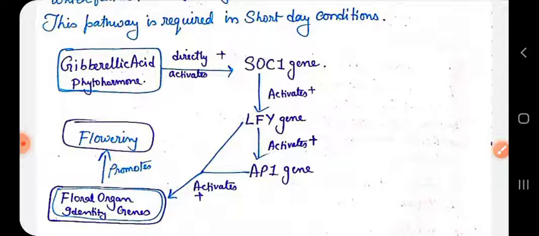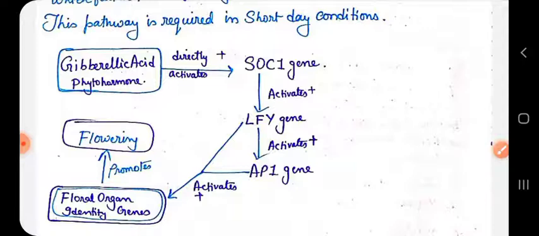Well, gibberellic acid is also called a phytohormone. It is a plant hormone which regulates your stem elongation, germination, dormancy period of the seed, flower development, leaf and fruit senescence. So gibberellic acid has many functions.